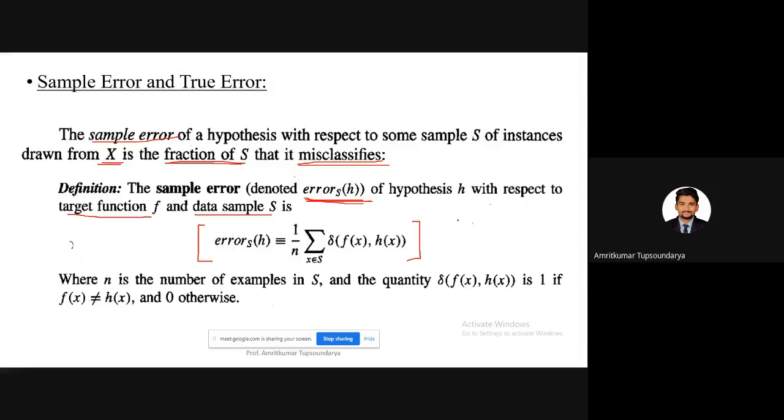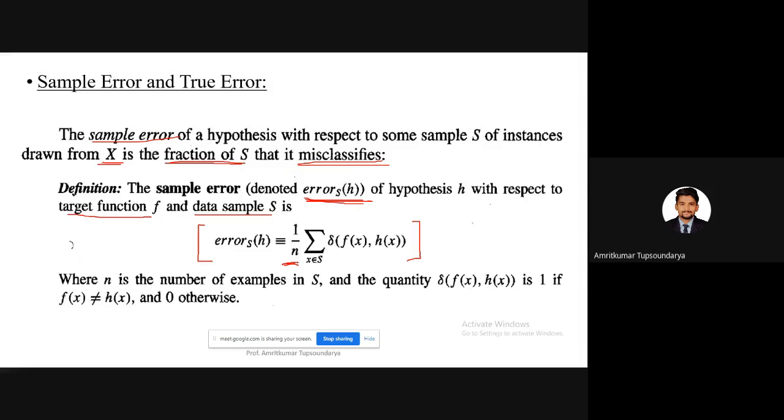As you can see, it is the summation of the delta function of the target function f of x and the hypothesis h of x, for all the sample space S, but it will be totally divided by the number of training examples, which is n. Please don't forget this n here.